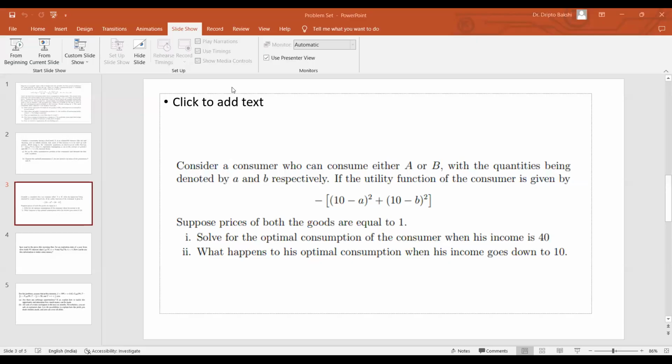So let's try. Okay, let's look at this problem now. Can all of you see this? Yes. Right.